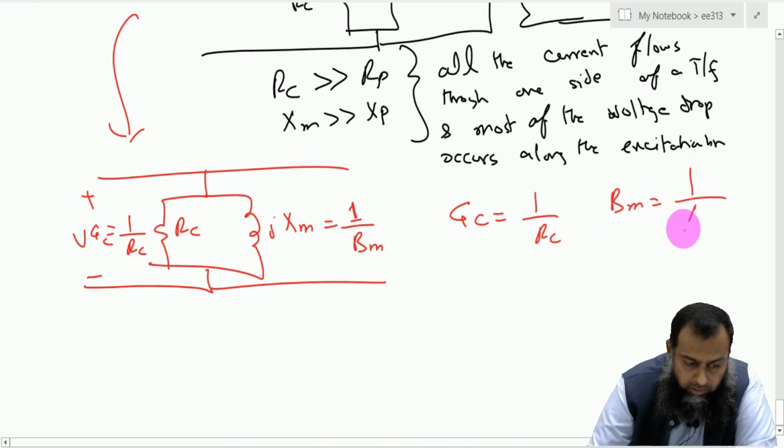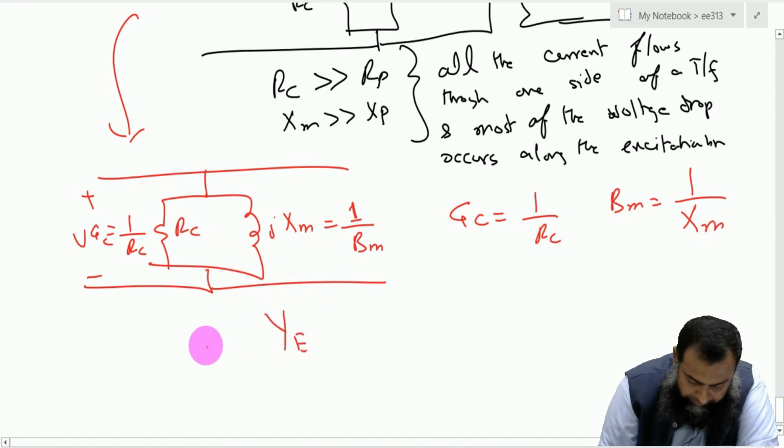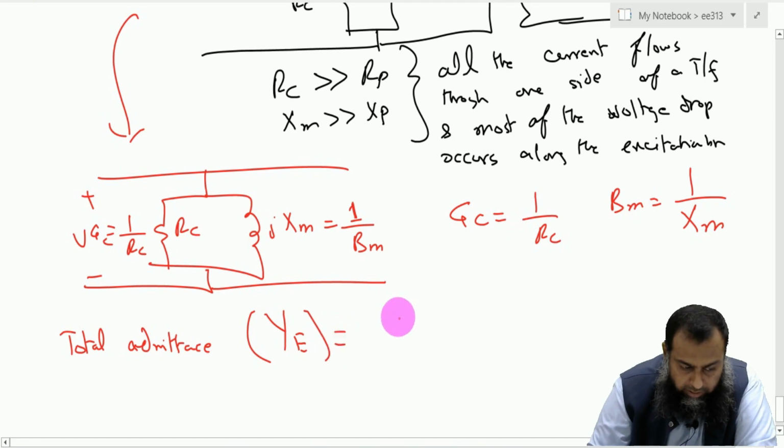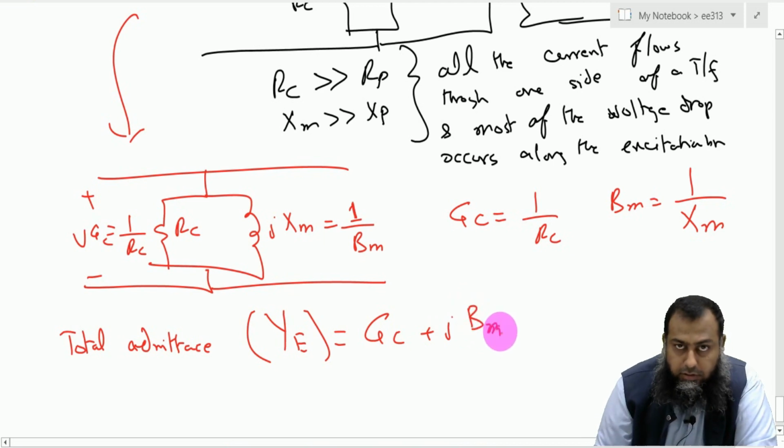So the total admittance of this circuit, YE, is equal to Gc plus jBm, right?